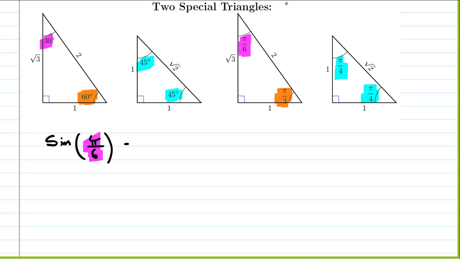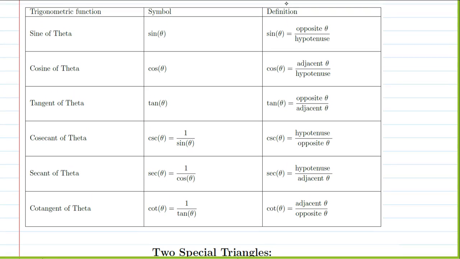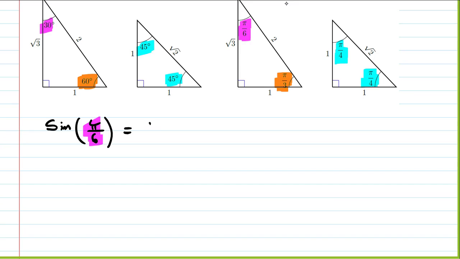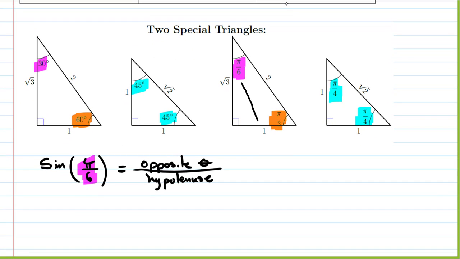And by definition, we know that sine is the opposite of theta divided by its hypotenuse. So the side opposite of our theta is going to be down here, is 1, and the hypotenuse is 2. So the sine of pi divided by 6 is equal to 1/2.